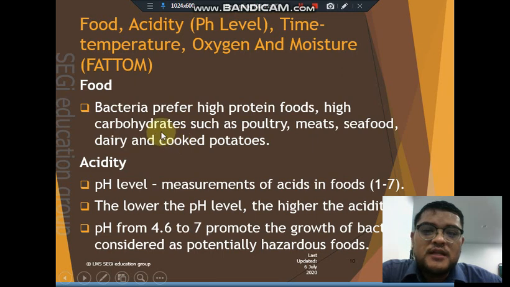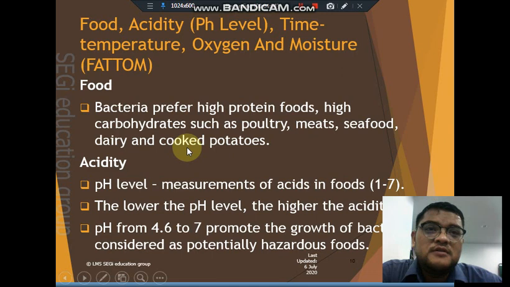And also food that has high carbohydrate content, such as rice and also potatoes. We are not talking about uncooked rice, but cooked rice and cooked potatoes. Guys, if you have the experience cooking rice or potatoes, it can only last a few hours at room temperature.